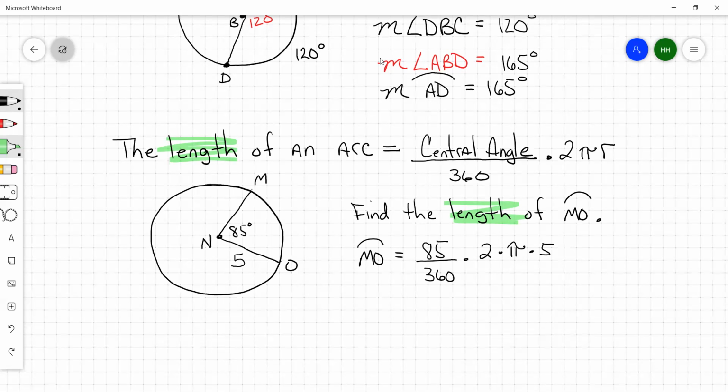All right. 85 divided by 360 times 2 times pi times 5. So in your calculator, you can type 85 divided by 360 equals, and then push times 2 times pi times 5 and hit equals again. You should get this.